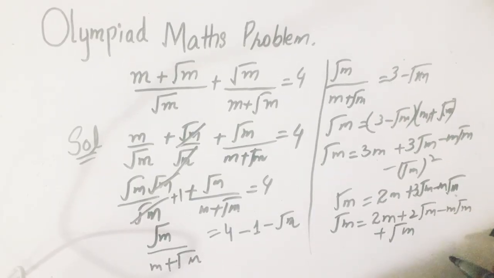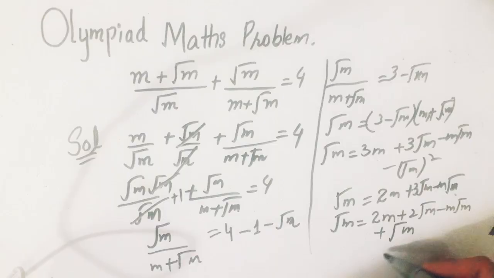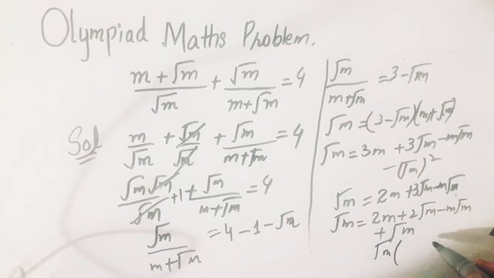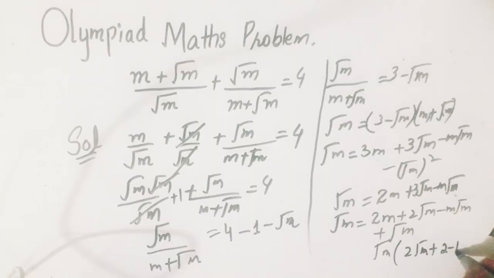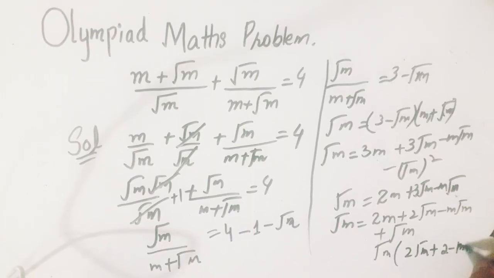Now we will take common root m from this. So we will get root m times 2 root m plus 2 minus m. This will be equal to 0.